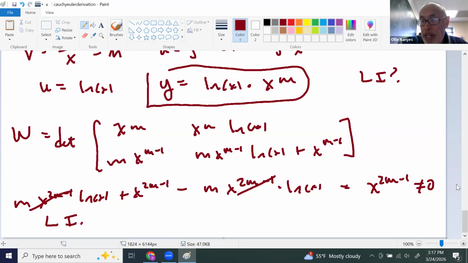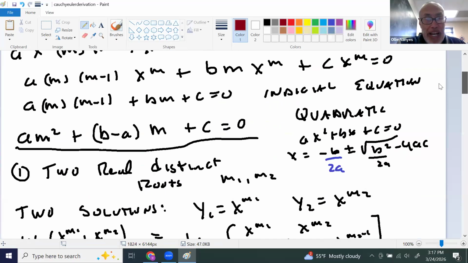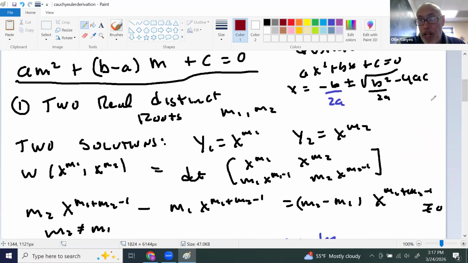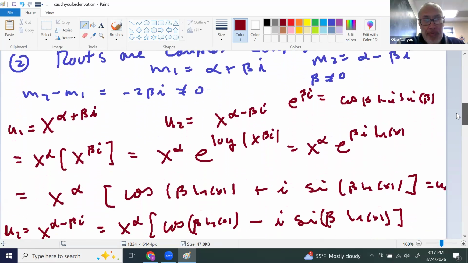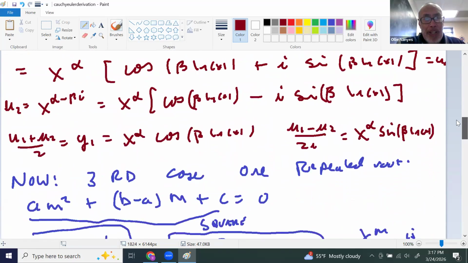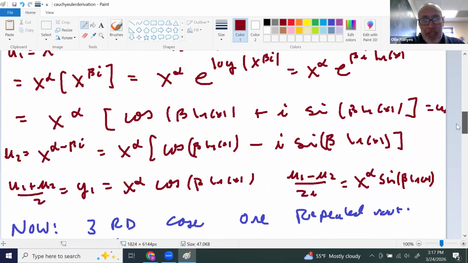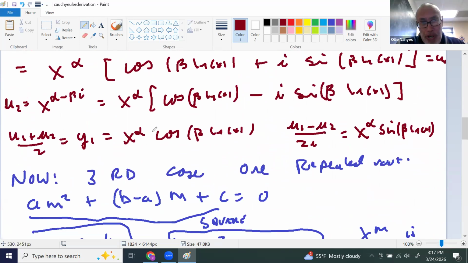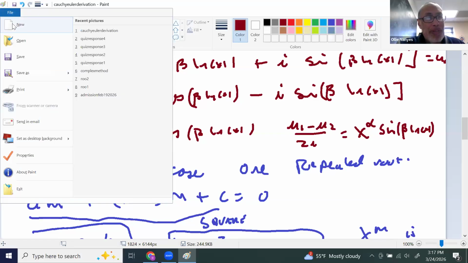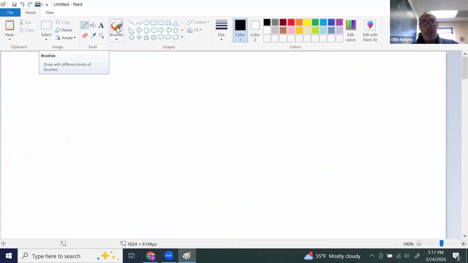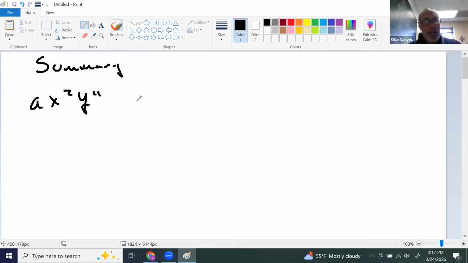So we have actually derived the three kinds of solutions we have. We have this for the real, distinct. Let's go ahead and just do a new one here. So let's summarize this because we just went through the derivation. So basically, summary, again, ax squared y double prime plus bx y prime plus c y is 0.